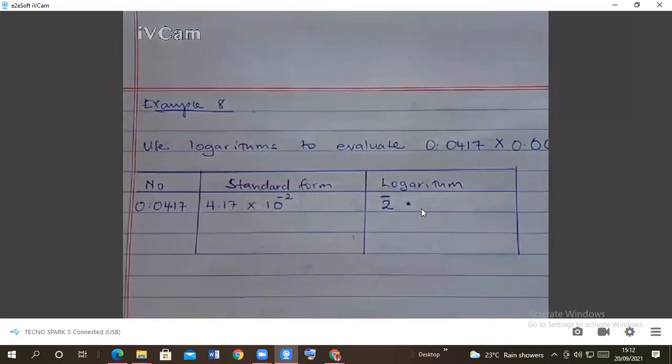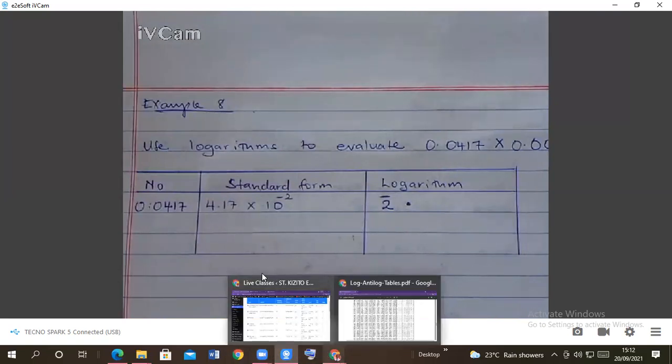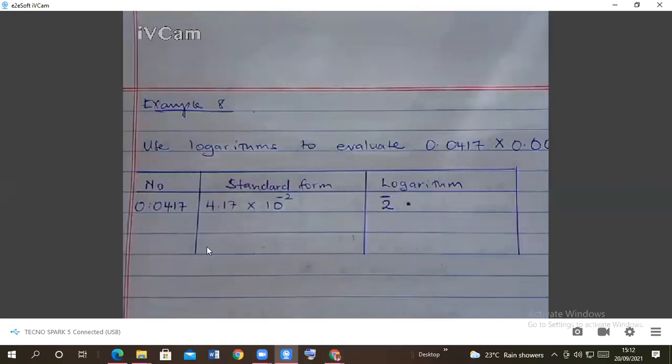Now we are going to look for the log of 4.17.